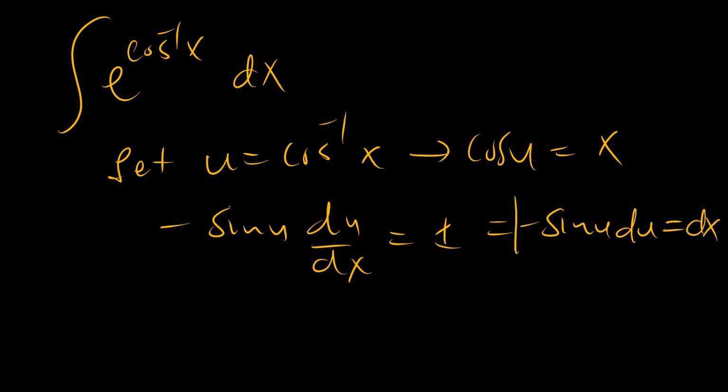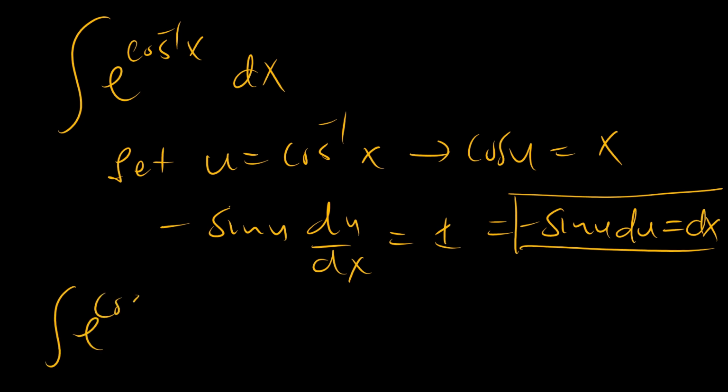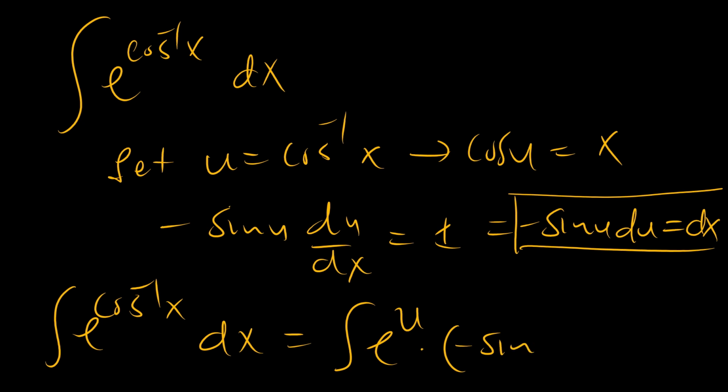So that is the initial substitution, so e to the cosine of x would be equal to e to the u, and in place of dx we would have negative sine u du.